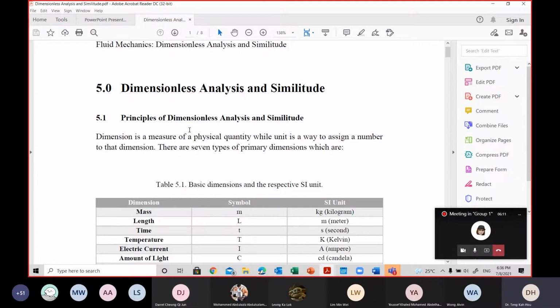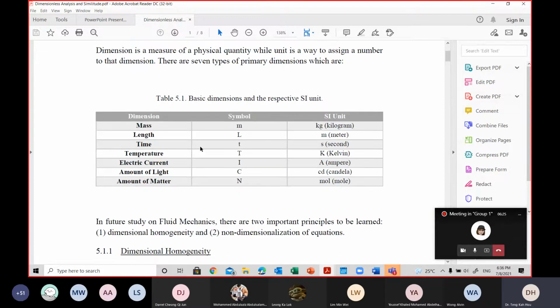in chapter 5, we learned about dimensions, and we also went through what dimensionless analysis is. In the first part, it's simple, just a recap of your understanding of dimension. You should know there are 7 basic dimensions, or we call them the primary dimensions. The most common ones, which appear in most equations, are mass, length, time, and temperature.